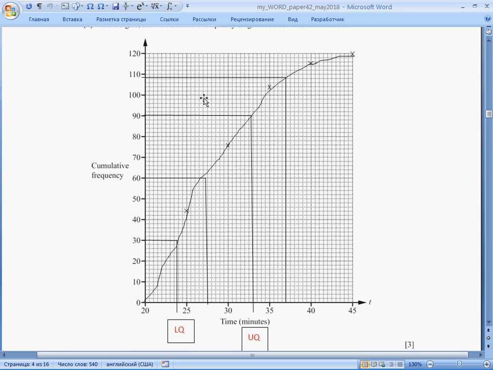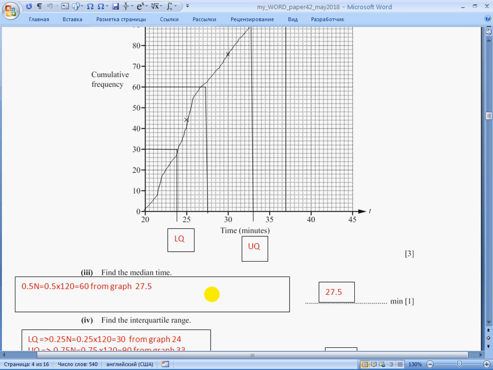So the median time is the time for 50% of students, so it is 60. 50% of students is 60. So the median value is somewhere here, so it is 27.5. Find the interquartile range.